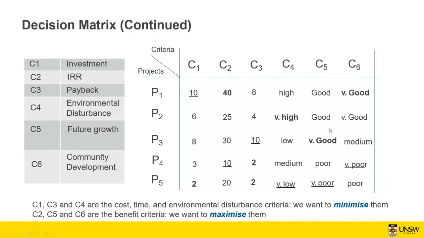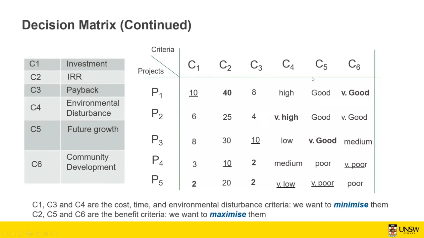So let's have a look, and let's say that you got 5 different projects. And for each of those criteria, as you can see on the left-hand side, for each project, you give a score. As you can see, for the first 3 criteria, investment, internal rate of return, and payback, because those are the financial values and quantitative values, you can just put some numbers for each, as you can see for all the projects.